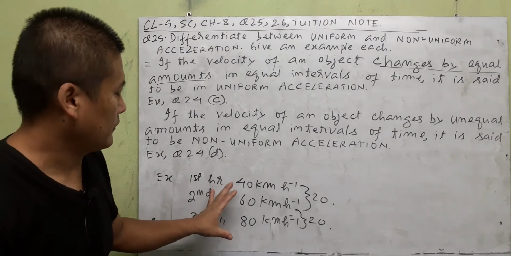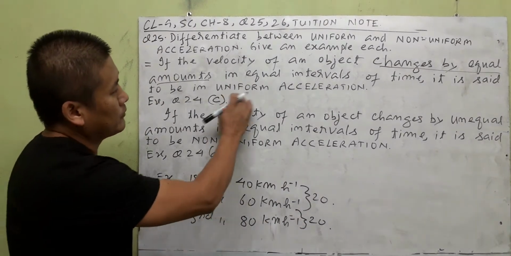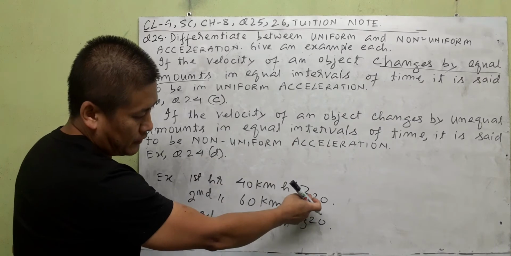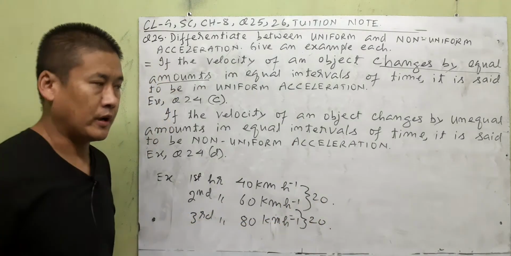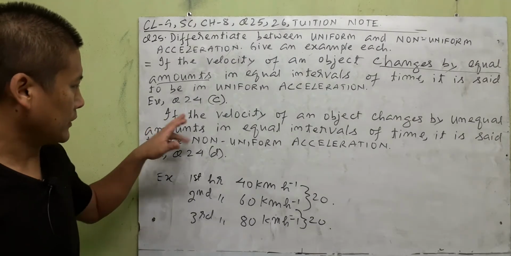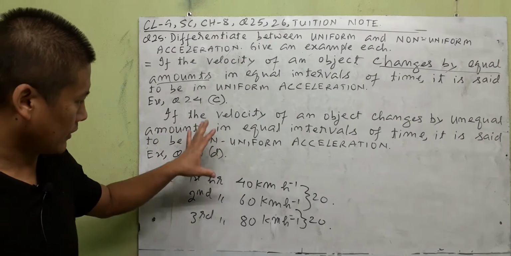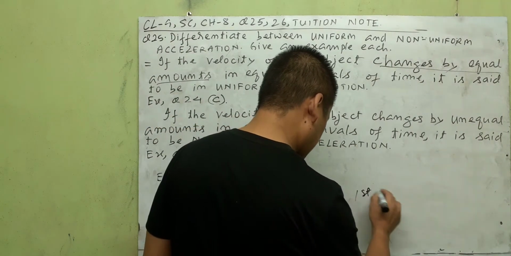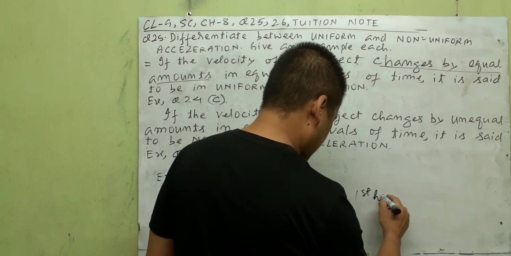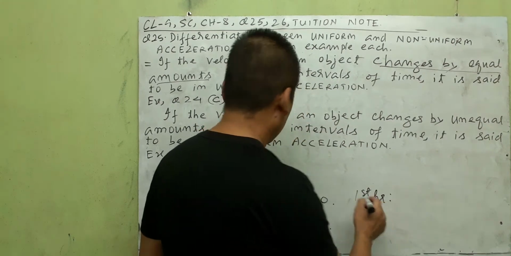So this kind of acceleration is called uniform acceleration because the velocity is increasing by equal amounts, 20 km per hour, 20 km per hour, right? Then the next one: what is non-uniform acceleration? Here, in the first hour, let us say, a car is traveling at 40 km per hour.